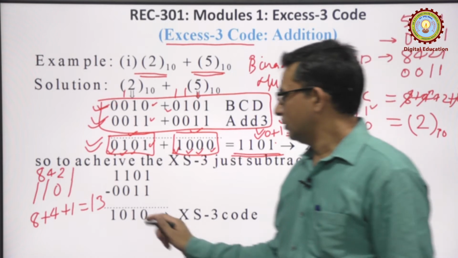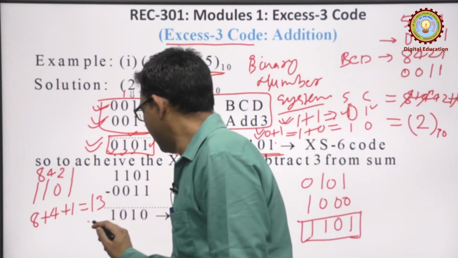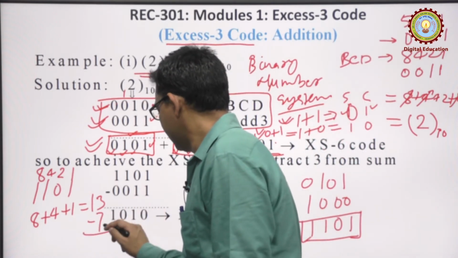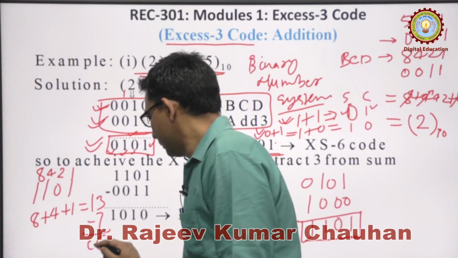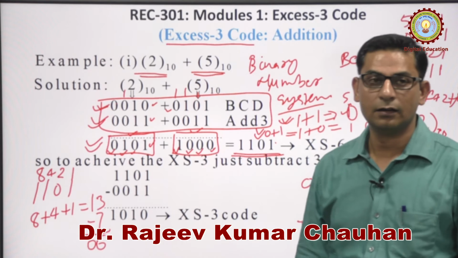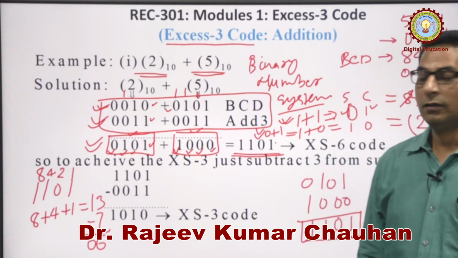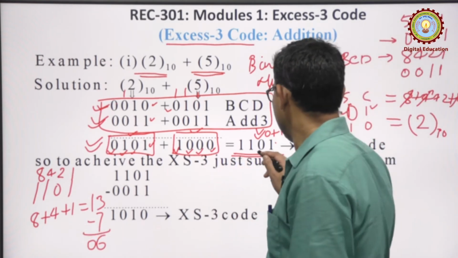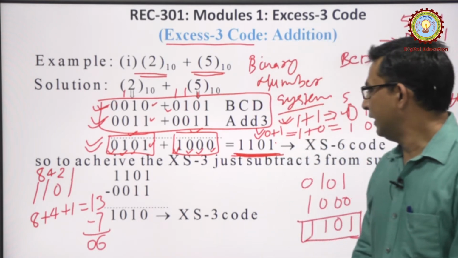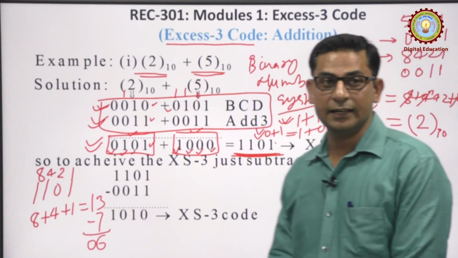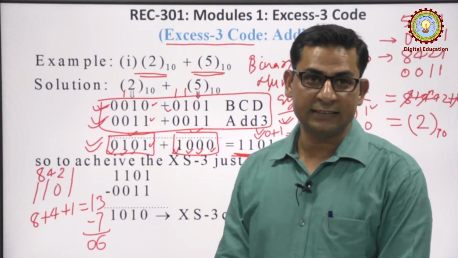Okay. So, if we subtract 7 from here, then how much is this? This is 6, 06. Okay. So, we get the equivalent of 13, but 13 is not the XS3 code.